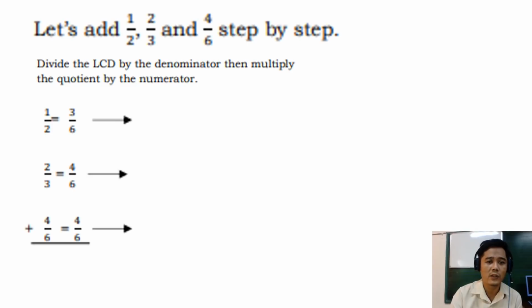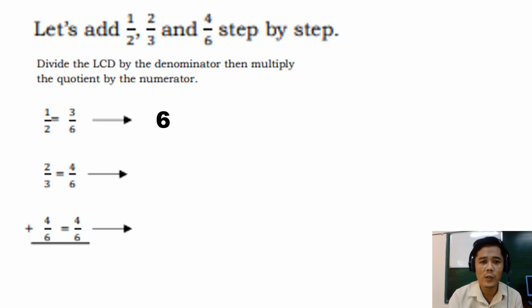Gawin natin siya step by step din, gaya ng nakasulat dito sa taas. Nasaan si LCD? Ito si LCD, yung 6. Nasaan ang denominator? Ito. Nasaan ang numerator? Itong 1. At saan ang nawawala na kailangan natin makita kung paano nakuha? Itong 3. So again, ang LCD natin ay 6.